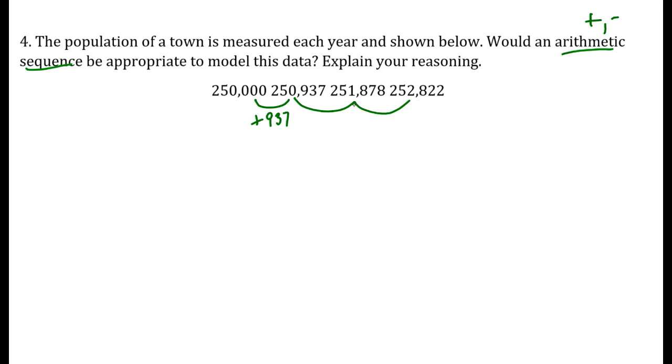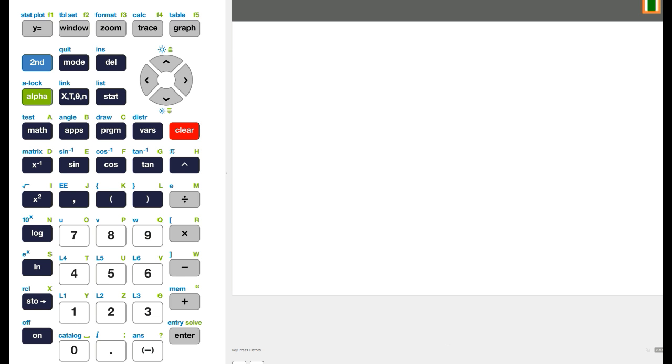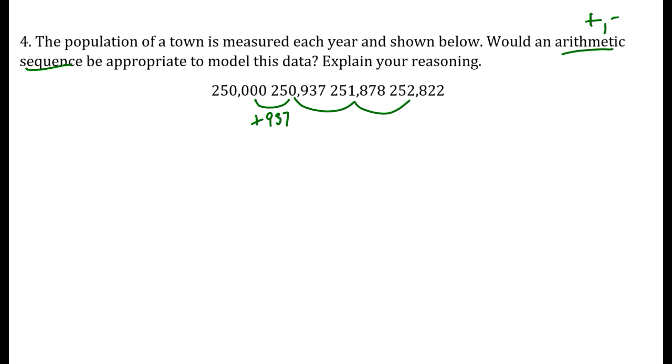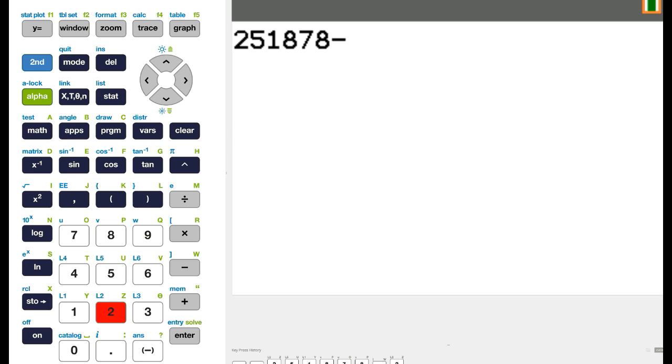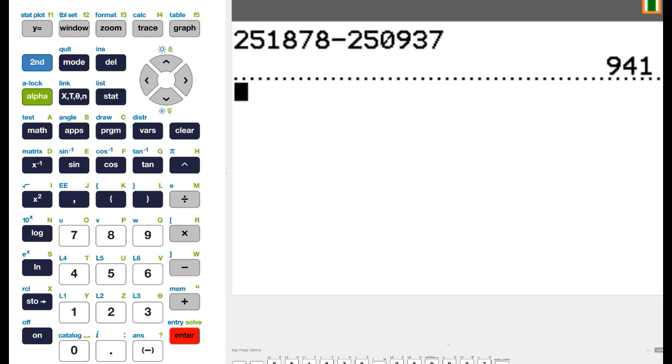To do the next hop, I'm going to use my calculator for this. 251,878 minus the second term, minus the term before it, 250,937. That was a change of 941.